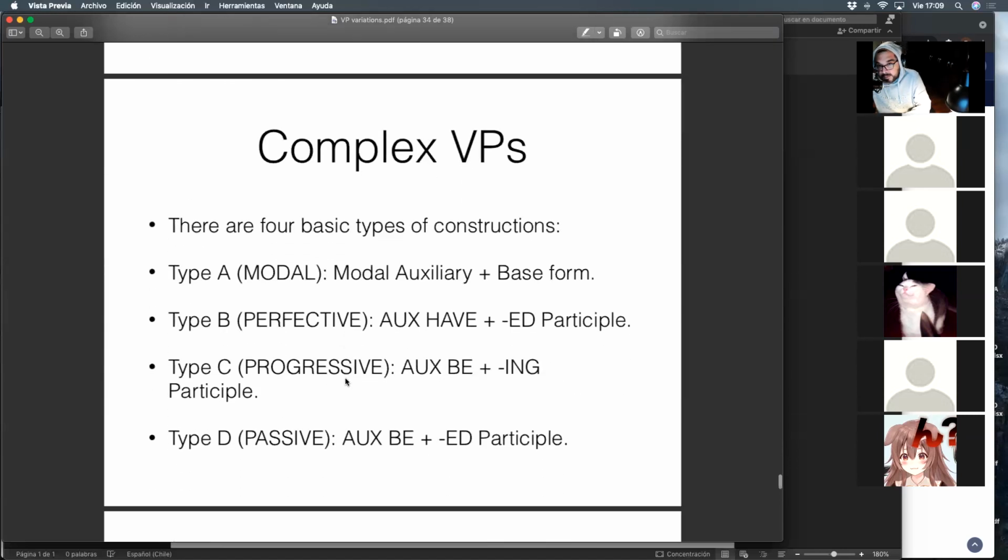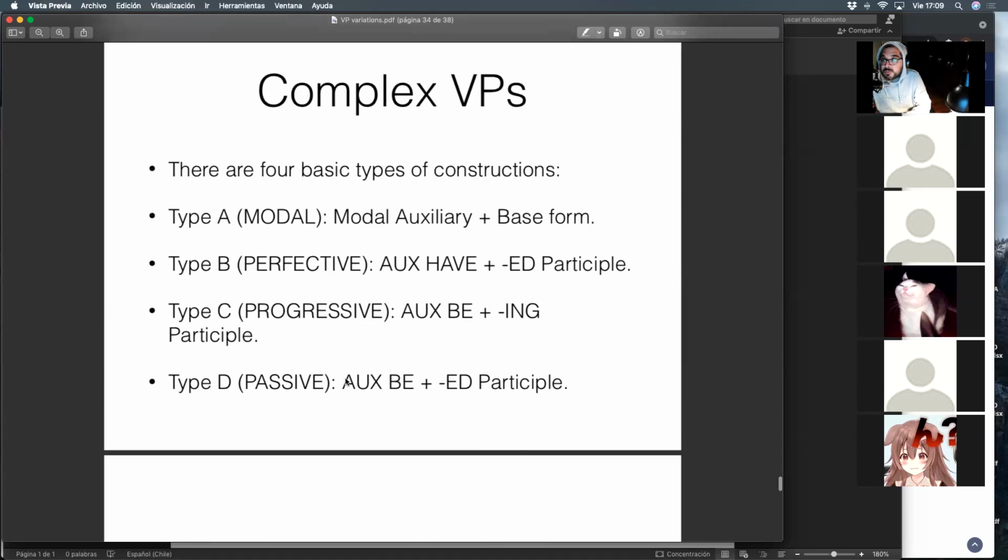There are four basic types of constructions. Okay, complex verb phrases, and this is the way in which we are going to analyze a verb phrase now. There are four basic types of constructions. Type A, modal auxiliary plus be form. Verb phrases can be analyzed by whether they have these variations: modal, perfective aspect, progressive aspect, passive voice, right?